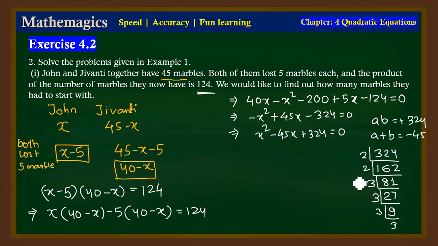So now with the help of all these numbers, we are going to check which two numbers, when multiplied, give 324. But our target is that either the addition or the subtraction pattern must give 45. So 2 2s are 4, 4 3s are 12, 12 3s are 36. So it is just a trial and error basis.